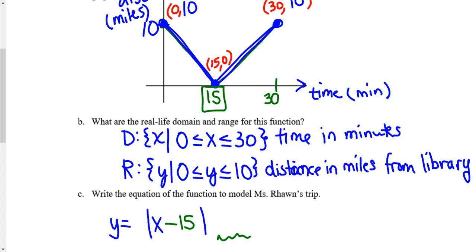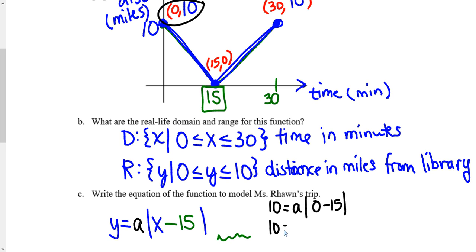I also have to figure out what number would go in front right here of my absolute value equation to stretch me appropriately. So I can do this more than one way. I could count the slope, or I can plug in a number. I'm just going to go ahead and plug in a number for x and y. So I'll pick my y-intercept right here, my point (0, 10). So if y is equal to 10, then x should be equal to 0.